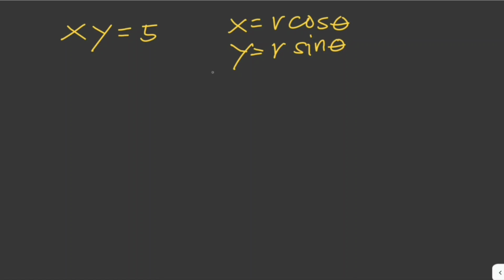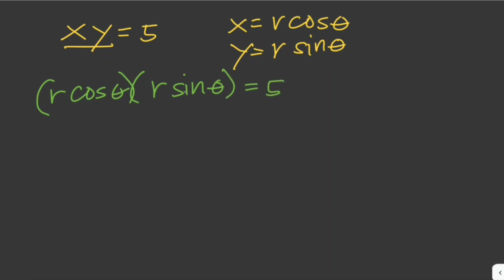So we can just plug in the values of x and y in the equation. So x times y would become r cosine theta times r sine theta equals 5. And then we multiply them. That would be r times r, so that is r squared, cosine theta sine theta equals 5.